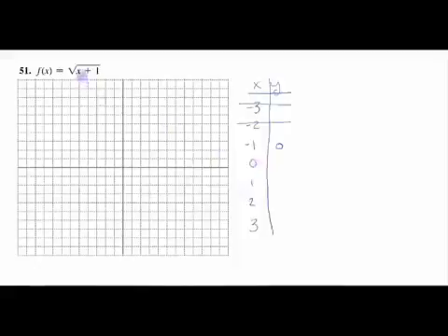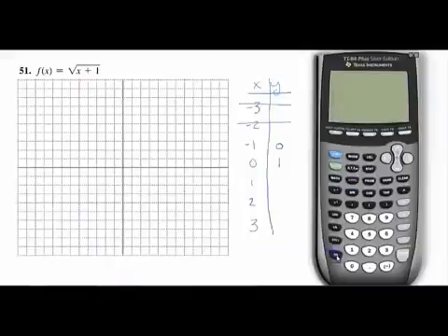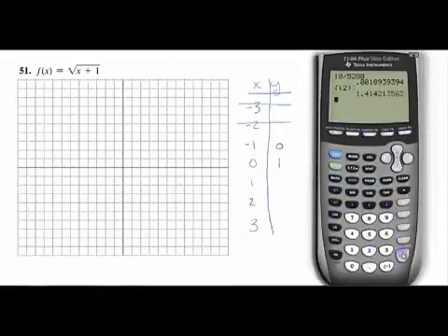If we put in 0, 0 plus 1 is 1, and the square root of 1 is 1. We put in a 1, 1 plus 1 is 2, and the square root of 2, if you'd like to, you can put this in on your calculator. Square root is underneath that x squared button, so we have to use that second button to get to the square root.